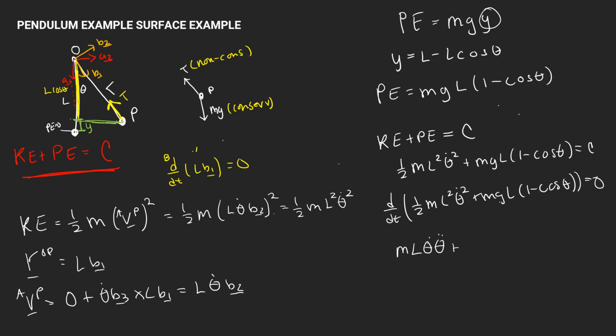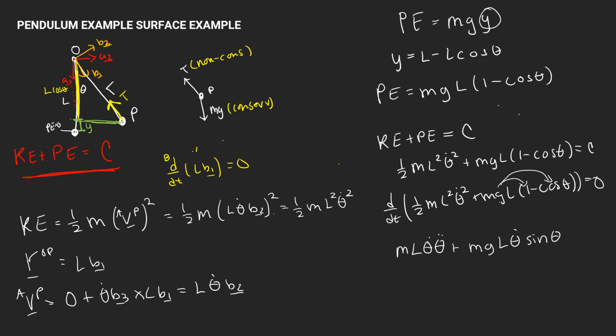plus, and so here, if you were to distribute this, it turns out that mgl by itself is going to go to 0. And so we only need to take the derivative of negative mgl cosine theta. And so we have mgl theta dot, this is sine theta, right?